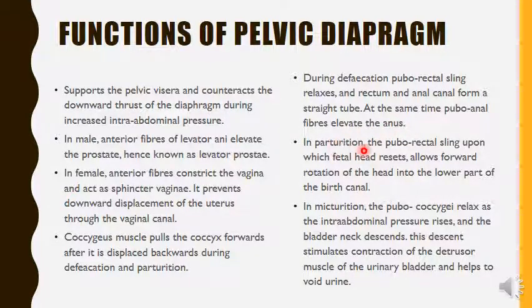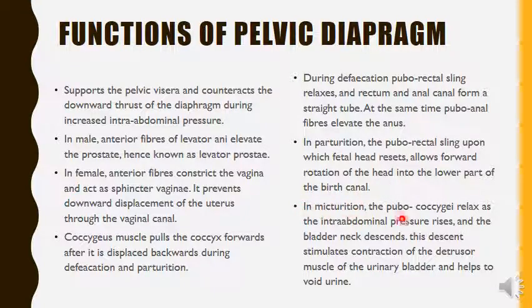Then in parturition, the puborectal sling, upon which the fetal head rests, allows forward rotation of the head into the lower part of the birth canal. This forward rotation of the head is an important event during the normal delivery of the fetus, and in this process the puborectal sling is going to help.